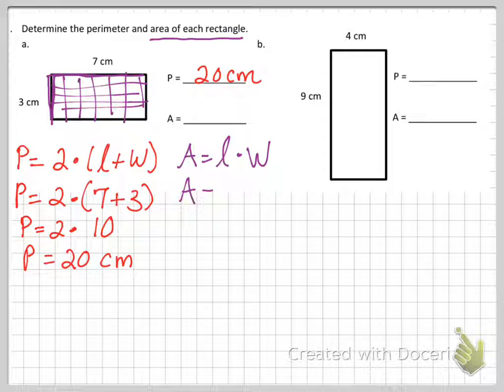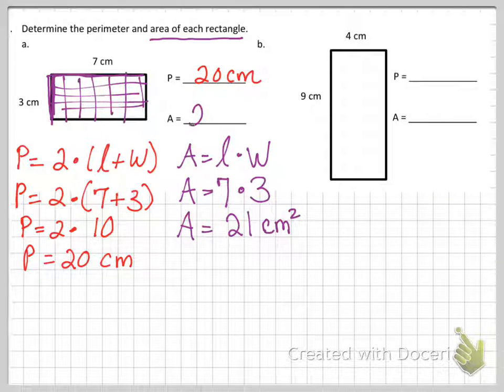So A equals the length, which is 7, times the width, which is 3. So we have area equals 21, and we're talking about centimeters squared, because we're talking about the squared units. So area equals 21 centimeters squared.